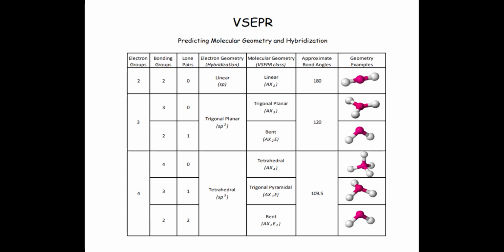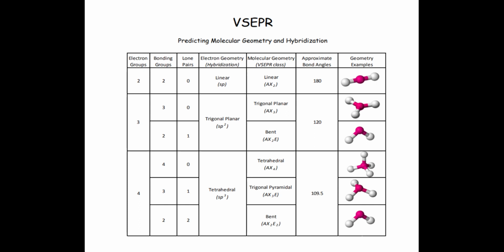But if you replace one of those atoms with a lone pair, so now you only have 2 atoms bonding to your central atom and one of those groups is a lone pair, then look at the actual shape of the molecule. At the top of the molecule, they're not showing it, but there's a lone pair there, and that lone pair is bending the atoms away.